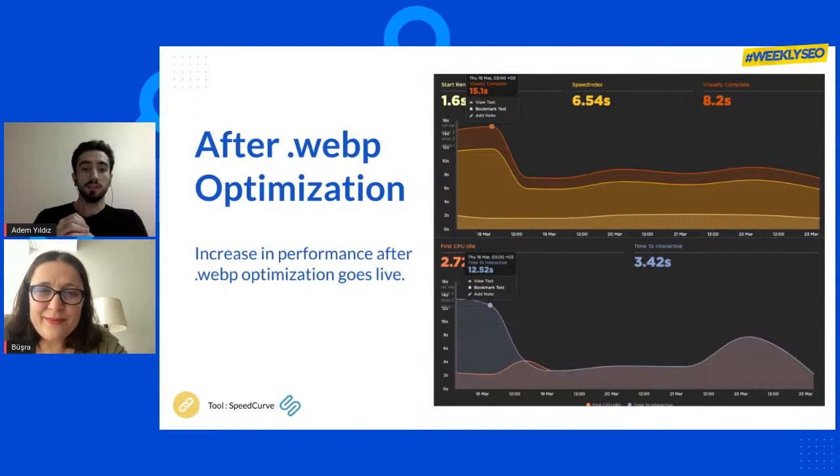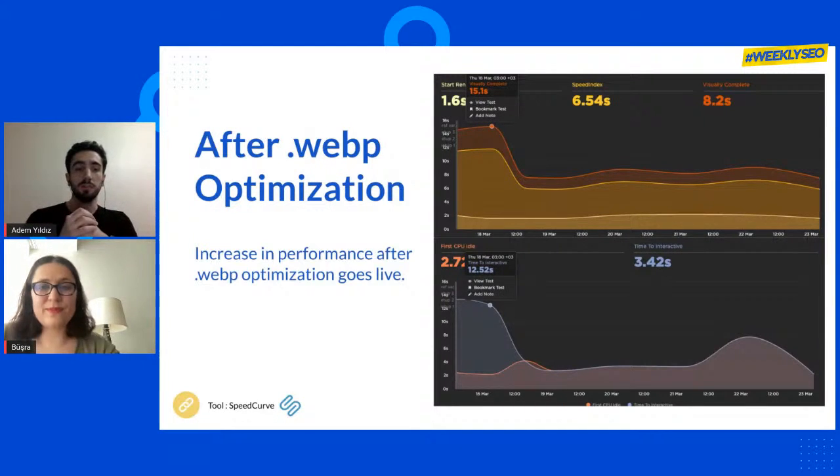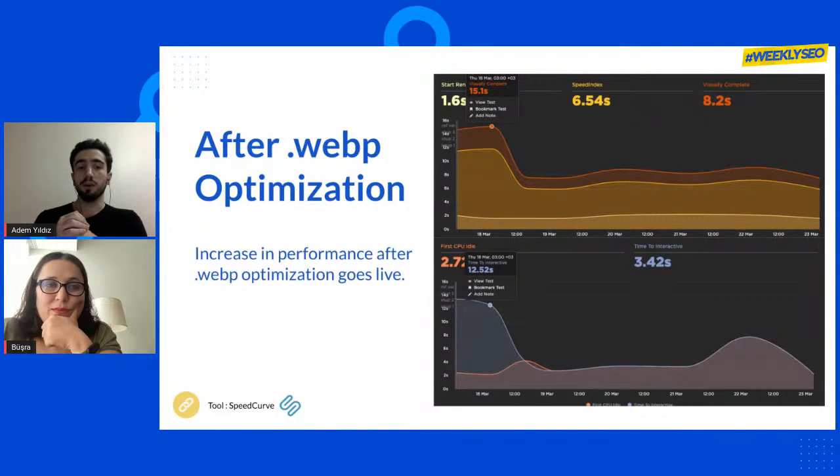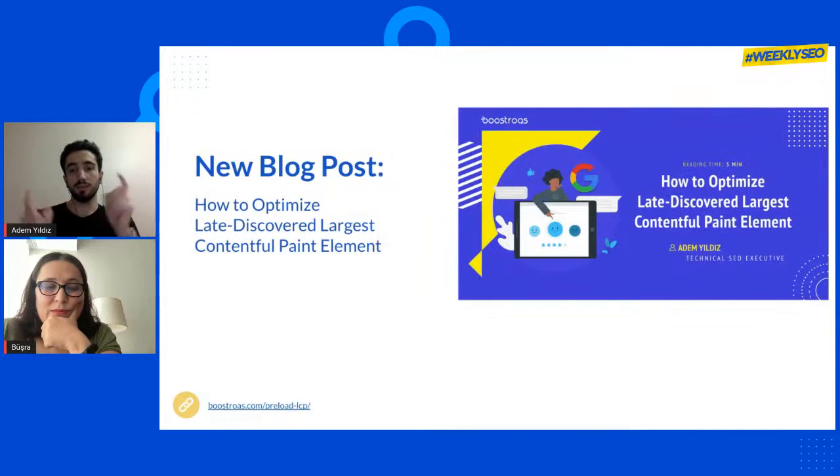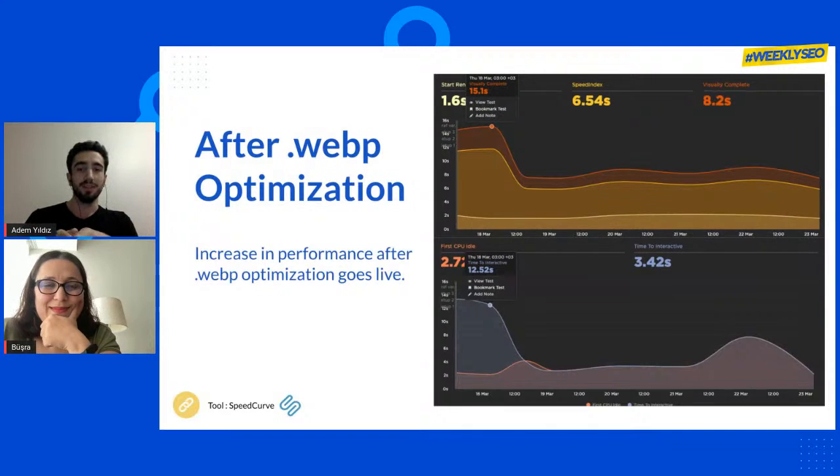In addition, time to interactive decreased from 12 seconds to 3 seconds. That's also quite high, and undoubtedly we had a great impact on the speed performance for users whose browser version supports webp. That tool is from SpeedCurve, and I put it there.